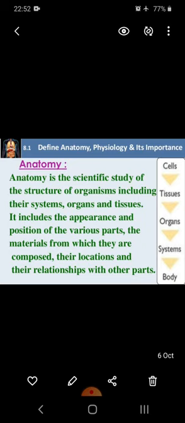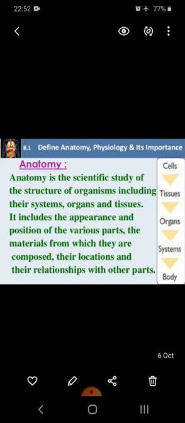So first we will discuss the meaning and definition of human anatomy. Human anatomy is the study of structure, shape, size, weight and location of all the organs of the human body. A detailed knowledge of the structure of various systems of the human body is provided in human anatomy.